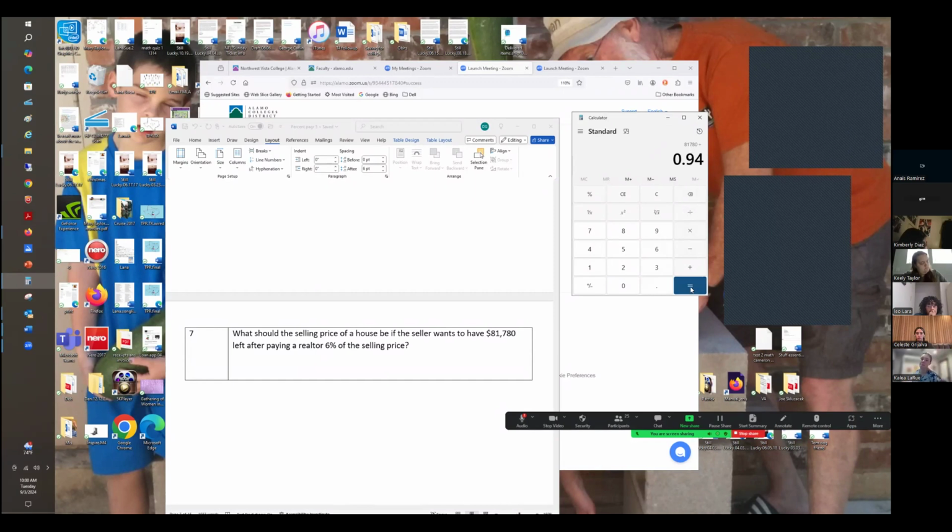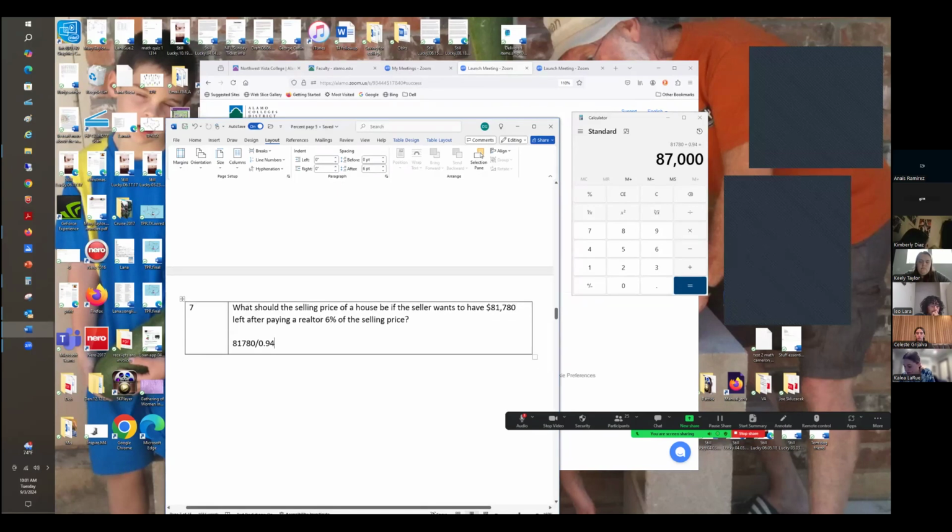And you'll notice it gets bigger. Why is that? When you divide by a number between 0 and 1, the answer gets bigger. We're not used to that because normally when we divide, the answer gets smaller. And it turns out to be exactly 87,000.